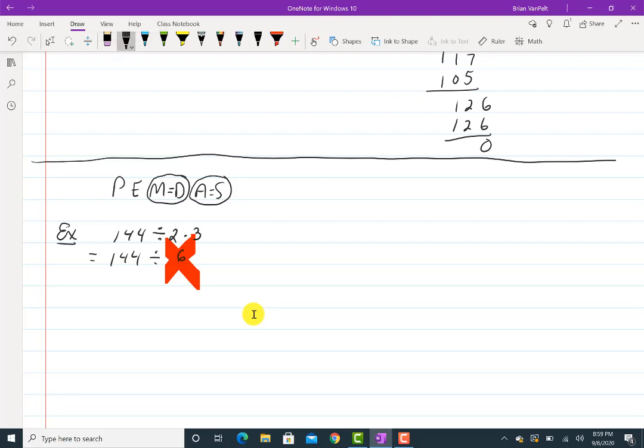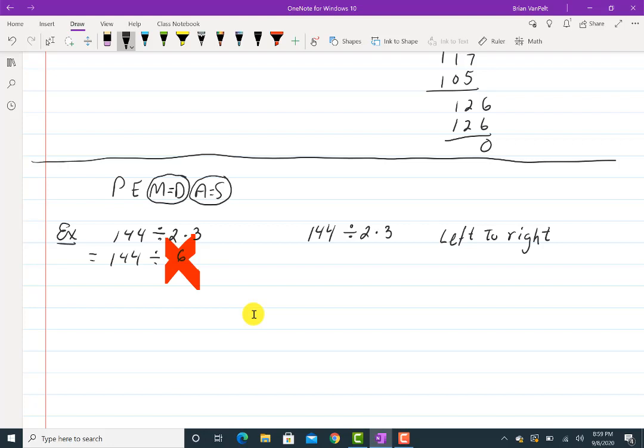What you have to do is this: 144 divided by 2 times 3. What you have is division followed by multiplication. That means division and multiplication occur back to back. The way you approach these is you go from left to right, because division and multiplication are equal.